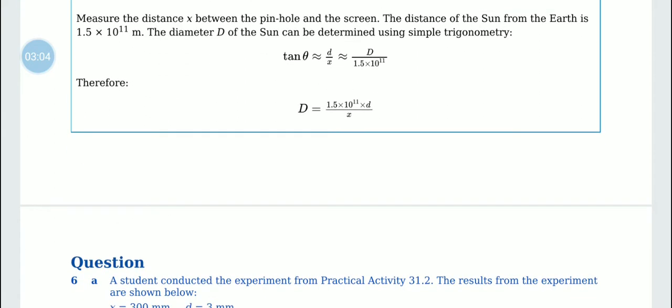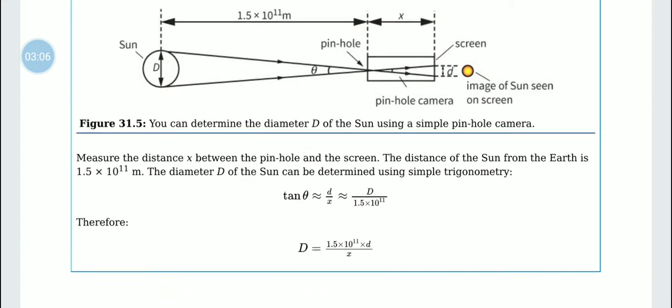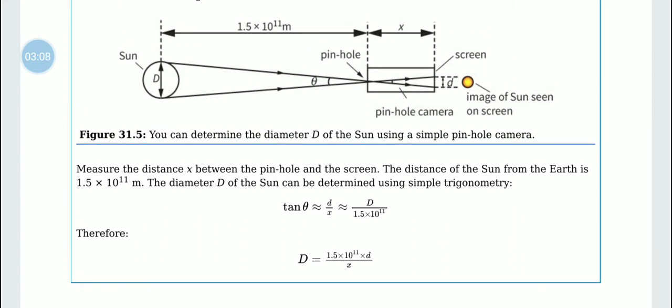Then using this value you can figure out d, the size of the image that is seen, and x is the gap between the pinhole side and the screen.